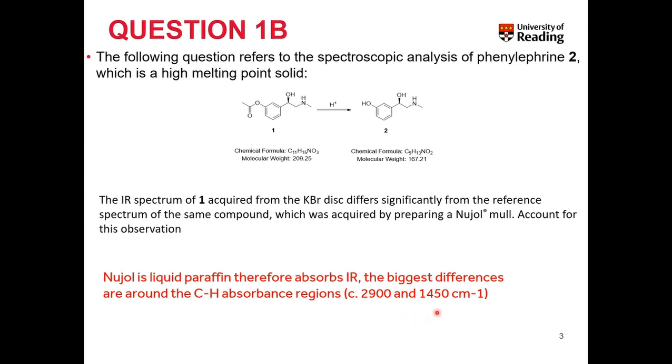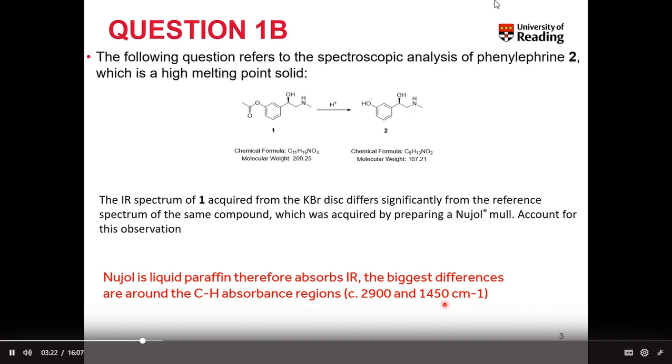And in the fingerprint region at 1450 wavenumbers. So you would expect to see peaks in the infrared spectrum at these absorbances. And so that is the key factor that would cause a Nujol-mull sample to have a different infrared spectrum to one prepared with a potassium bromide disc.